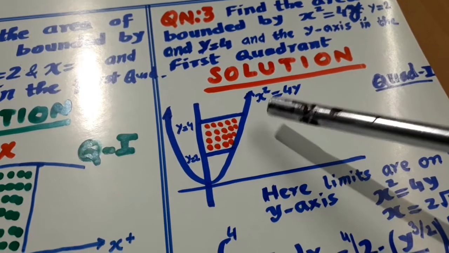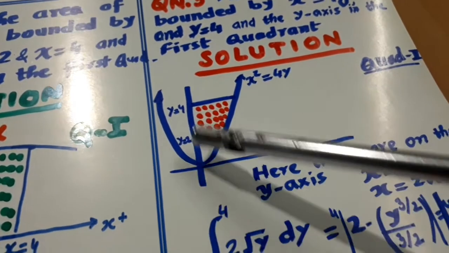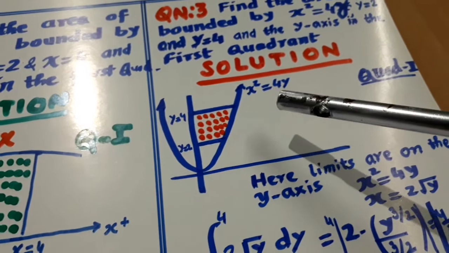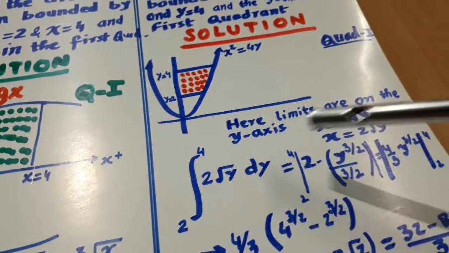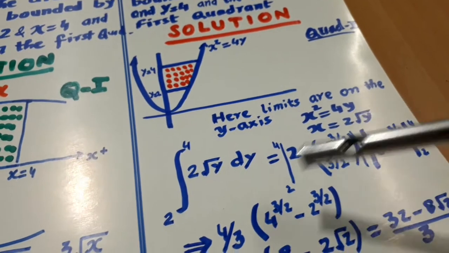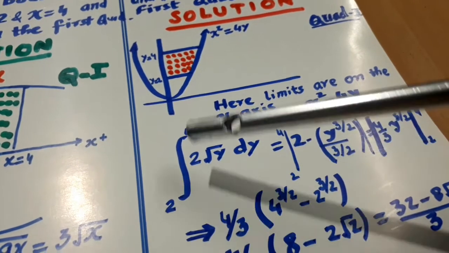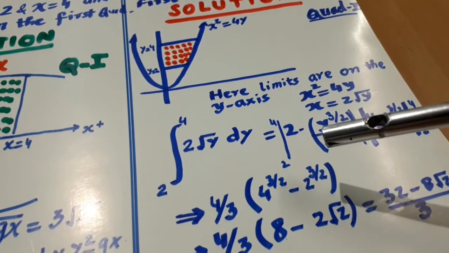Whenever it is x square, the y-axis passes through it and it is the upper parabola. So x dy, the value of x is 2 root y dy, and the limits are from 2 to 4.